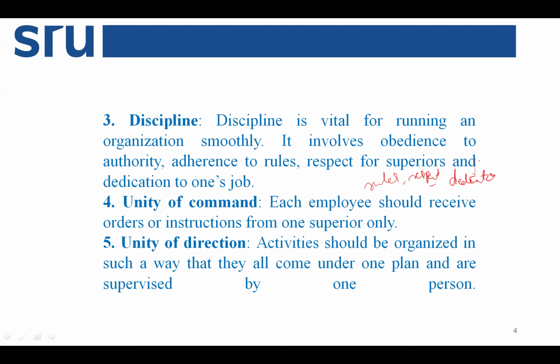Then unity of command. Each employee should receive orders and instructions from one superior only. Unity of command means one superior should give the orders or instructions to the employees. Then what do we mean by unity of direction? Activities should be organized in such a way that all come under one plan, and it should be supervised by one person.